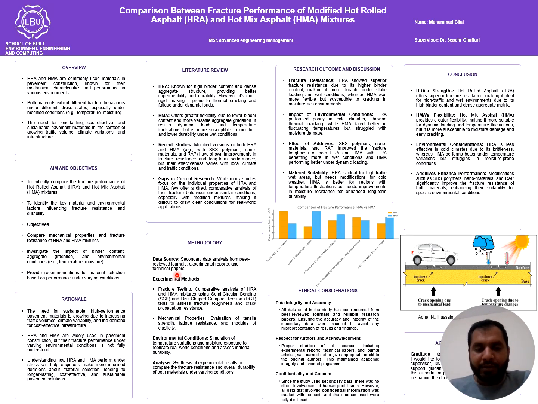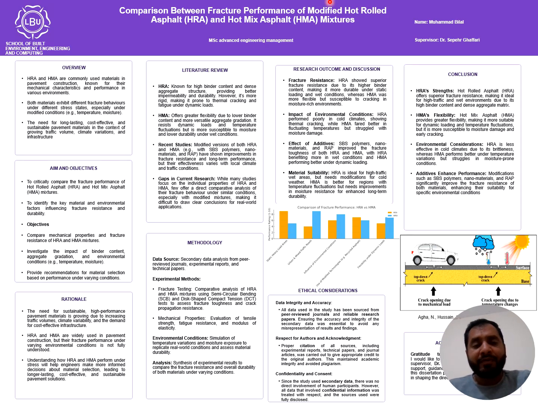Moving on to the methodology. The methodology is based on four main steps. First, we use secondary data sources, including journals and technical reports. Second, we carried out fracture testing on HRA and HMA mixtures using SCB and DCT tests to measure toughness and crack resistance.